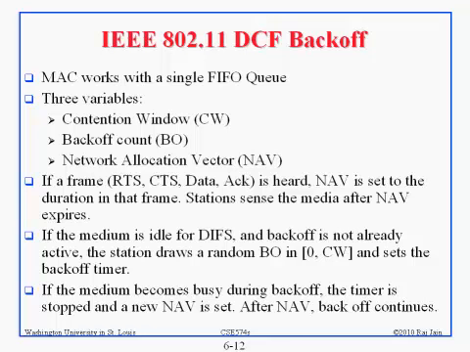So I told you in RTS, everything that follows RTS is included. In CTS, everything that follows CTS is included. So in the data frame, what should be the duration? Duration of the data plus the CIF plus the ACK. Right? So suppose the duration of the data frame is 2 slots, it will say 2 plus 1 plus 1, 4 slots. I need to occupy the medium for 4 time slots.